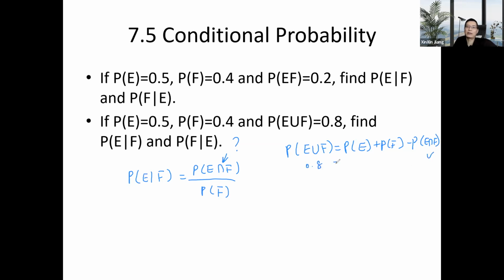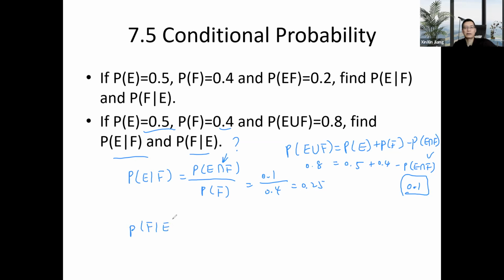You have 0.8 equals 0.5 plus 0.4 minus the unknown, but we can solve it very quickly, 0.1. And now once we have this information, these two are very easy. So you put 0.1 here, over F 0.4, 0.25. Probability of F given E, again, you get 0.1 over 0.5, you have 0.2.